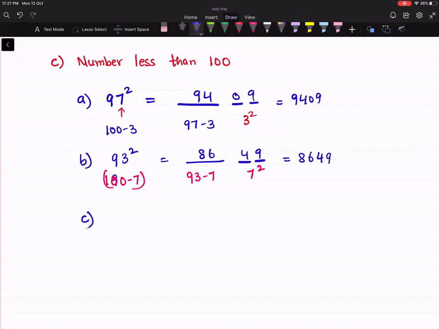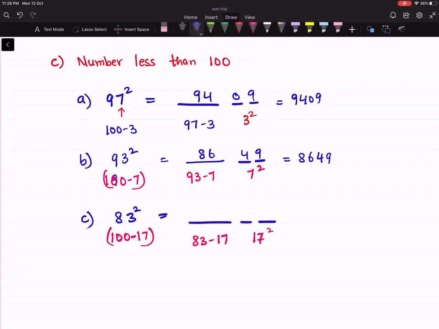One more number. If I'm interested in, let's say, 83 square. So 83 square, again it will be in two parts. We'll write 83 as 100 minus 17. So these two parts are 17 square and 83 minus 17.